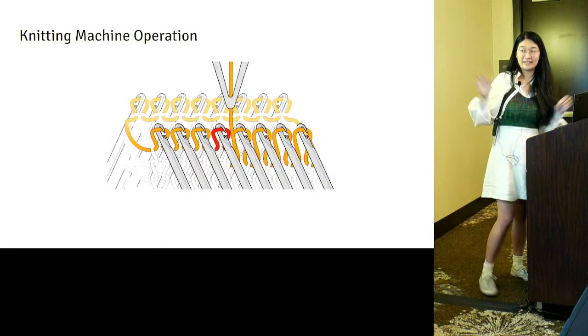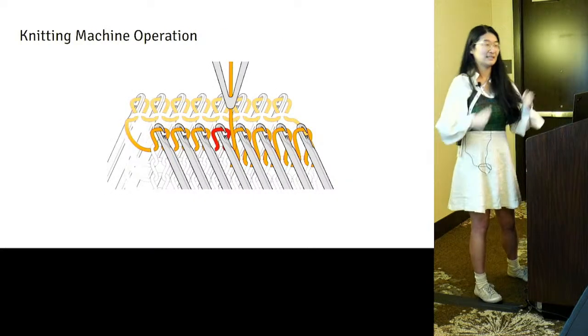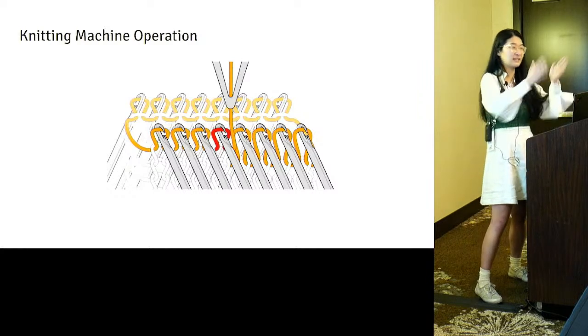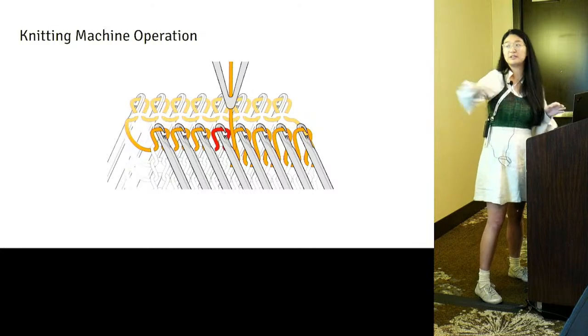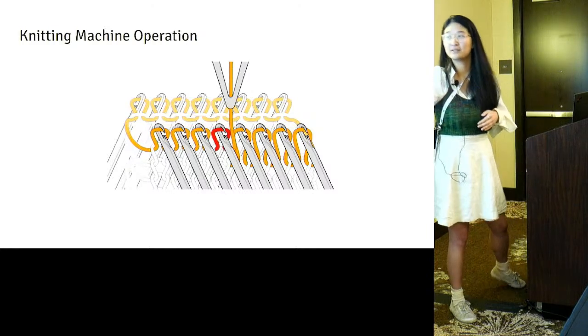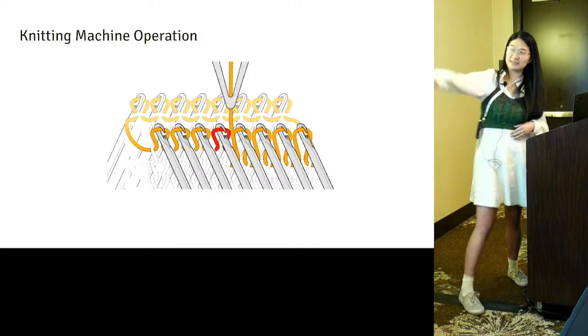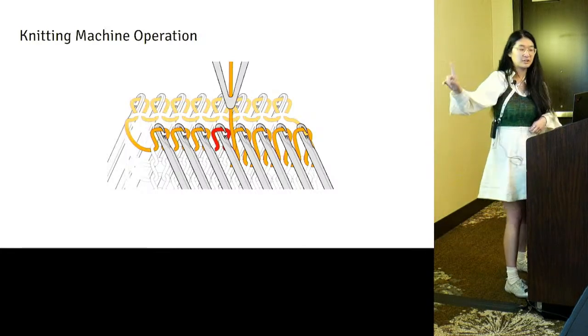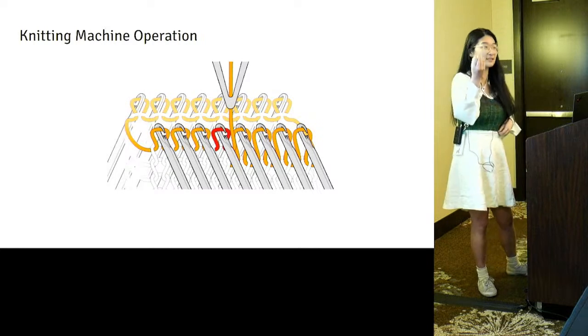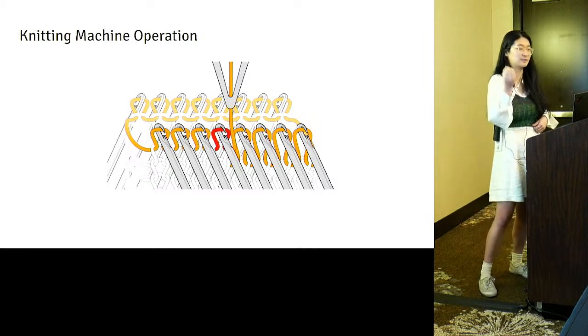Basically, how a knitting machine works is that there are a series of things called needles, and each needle holds one loop. The needles are side by side on what is called a needle bed. There might be 200 needles side by side on a needle bed. You can see in this example, all of these are on one bed. And each needle can pull a loop through the loop that it's already holding. So it's able to make that loop-through-loop structure.